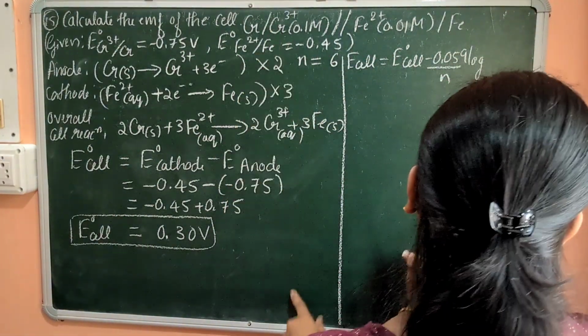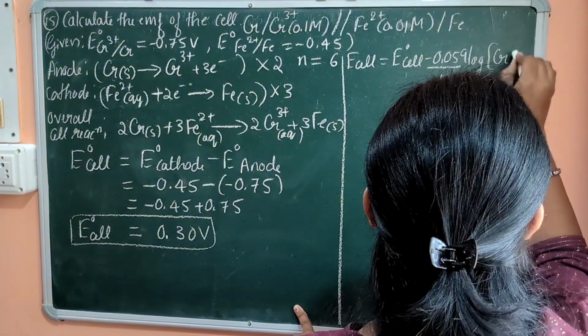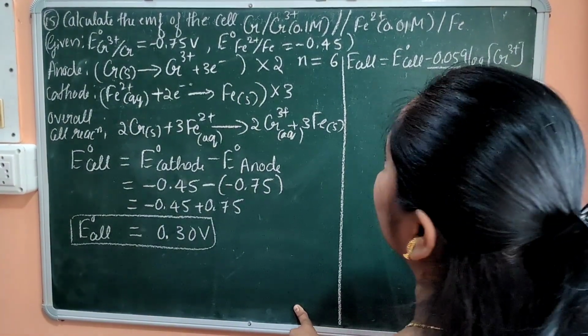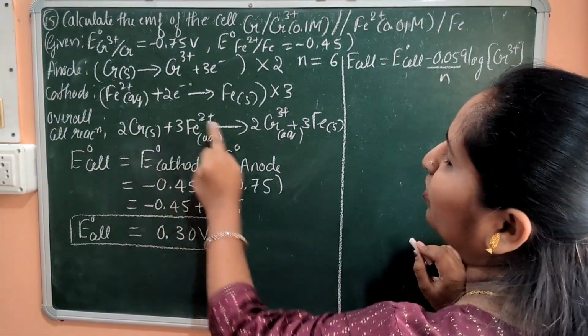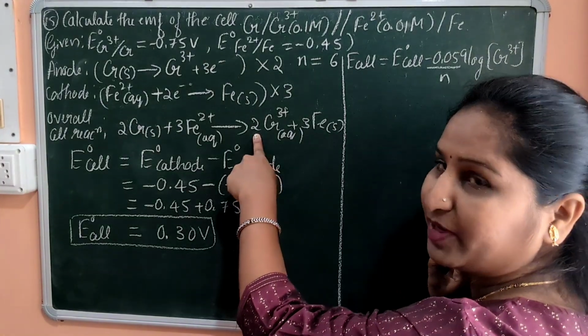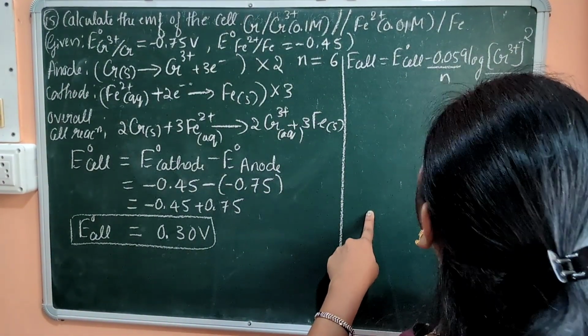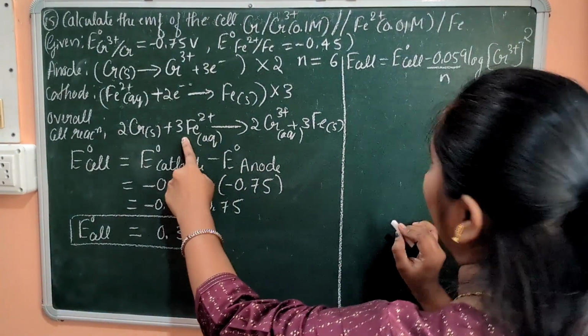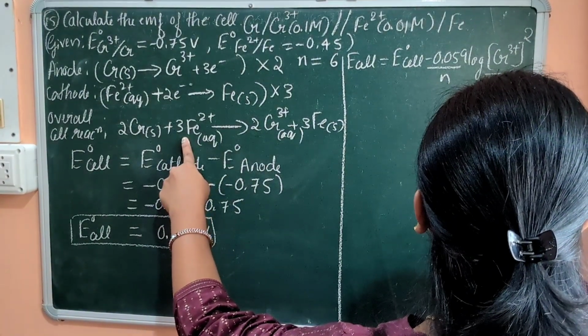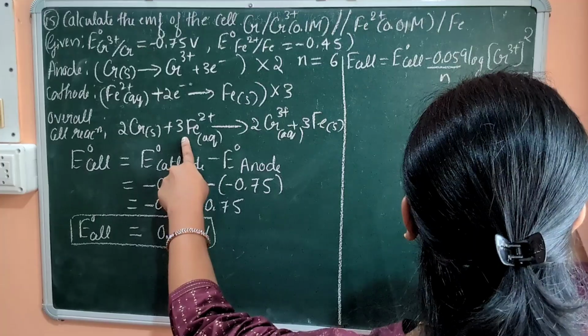Concentration of oxidized ion is chromium 3+. How many chromium 3+? 2 chromium 3+ is there. That power we have to write here as a square. And the reduced ion is which one? Fe2+. And how many Fe2+ are there? There are 3 Fe2+, so it is cube here.